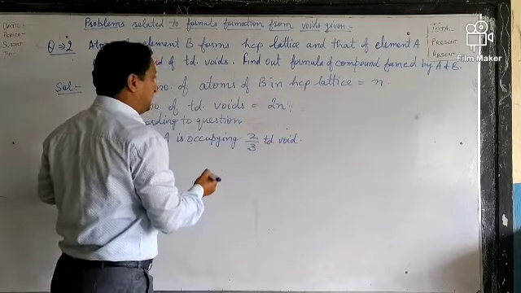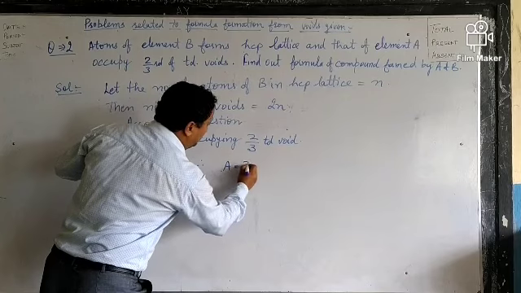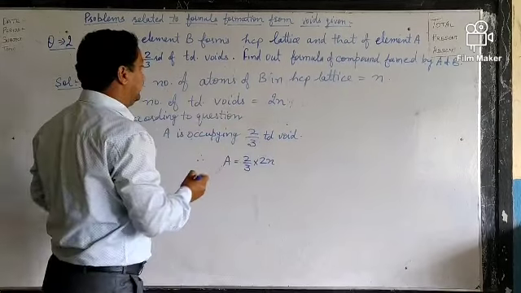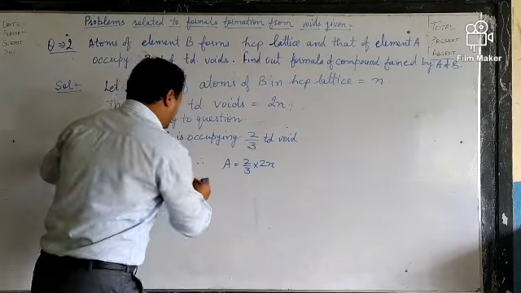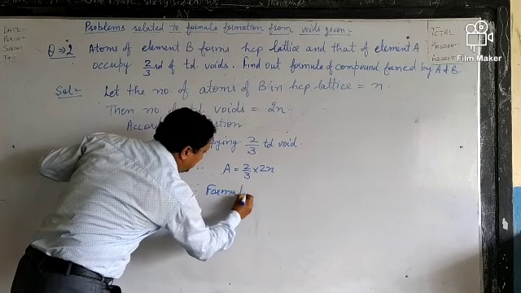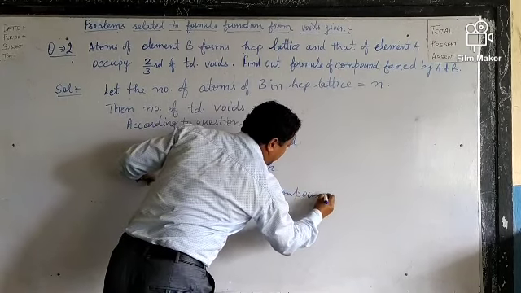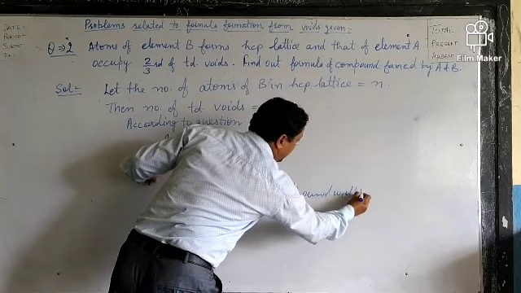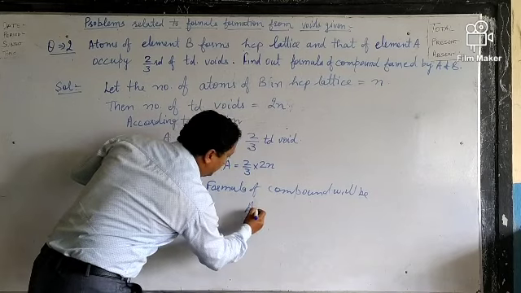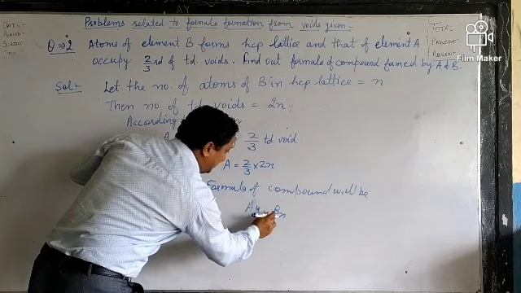So therefore, A will be equal to 2/3 of 2n. So therefore, the formula of the compound will be, how much? A is 4/3n and B is n.